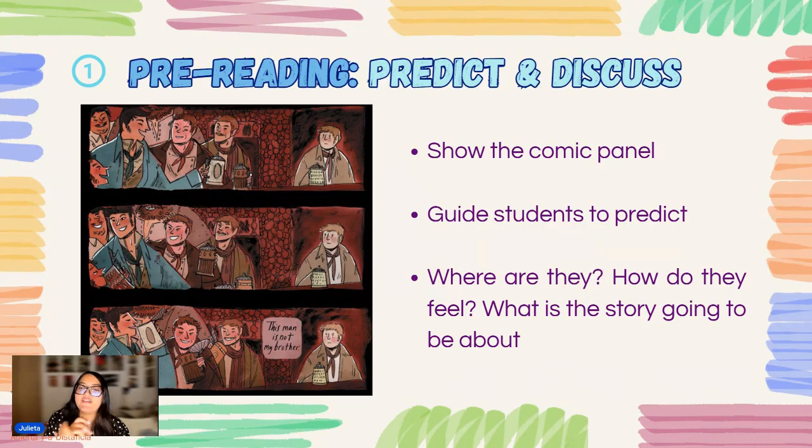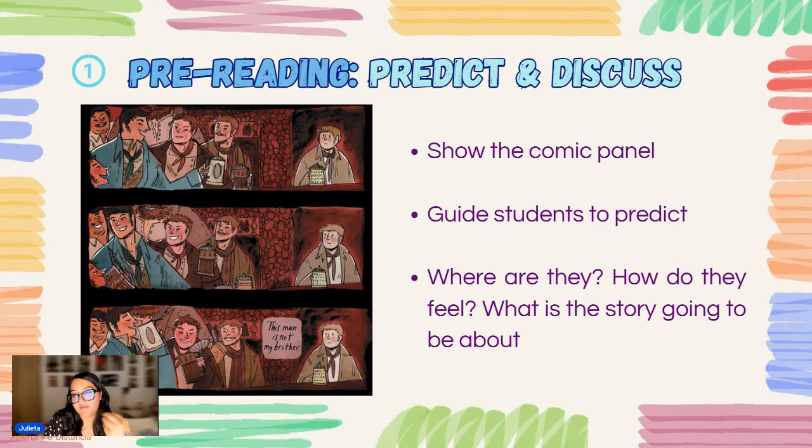So for the first part, pre-reading, we're going to focus on prediction and discussion. So a panel of this graphic novel called Through the Woods. It's a suspense horror kind of genre. So this specific panel is going to be shown, and it's the first page of the novel.